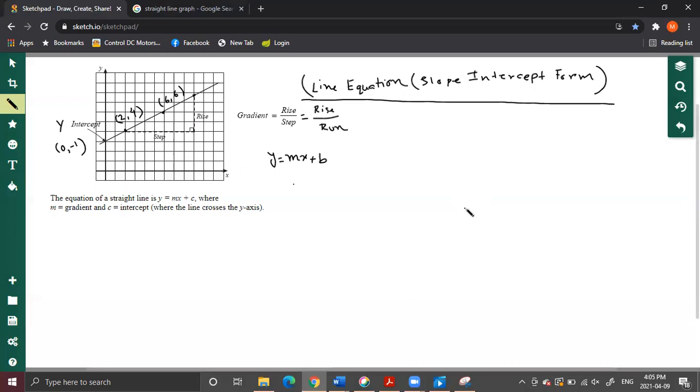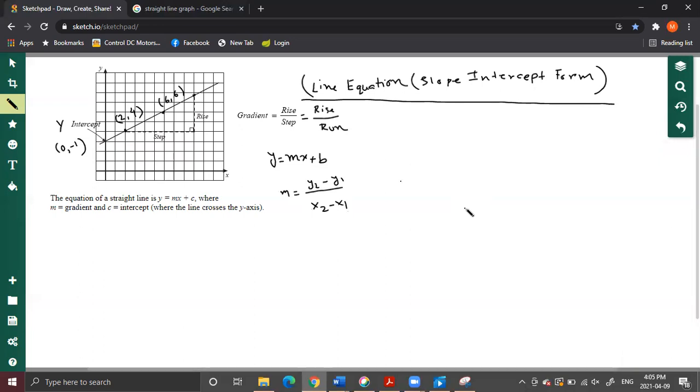So first thing, we try to determine our slope. So the slope formula is m is equal to y2 minus y1 divided by x2 minus x1. As I said in the last lecture, x2, y2 will be the point that is further on the right in the graph.